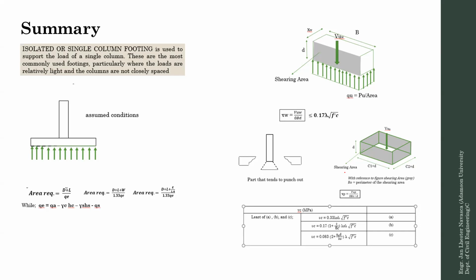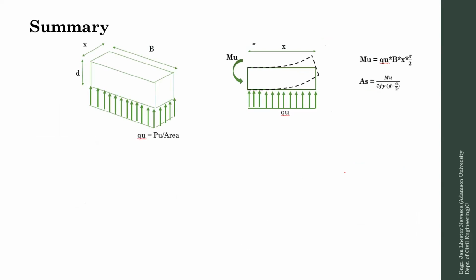So just remove that size modification factor when you are designing under the NSCP 2015. And also, you have different values of your alpha s depending if your column is interior, exterior, or in the corners. Then for the bending, we have this assumption: cantilever strip with a uniform pressure again.